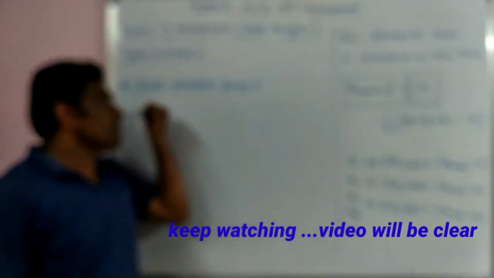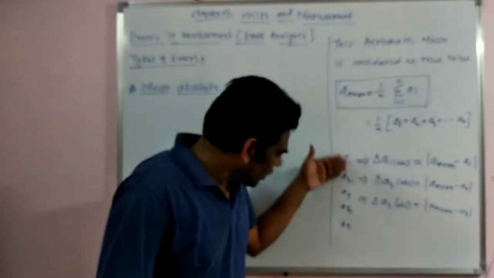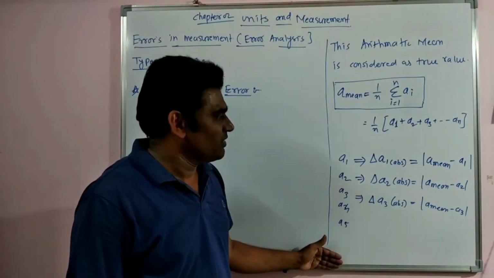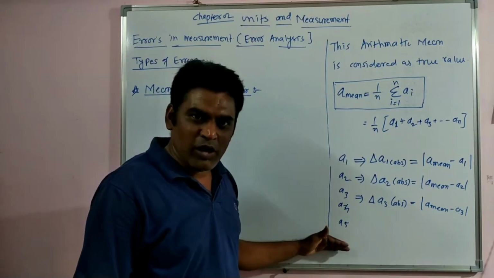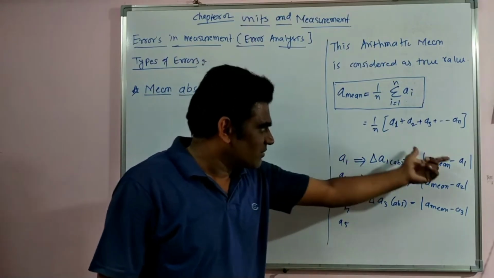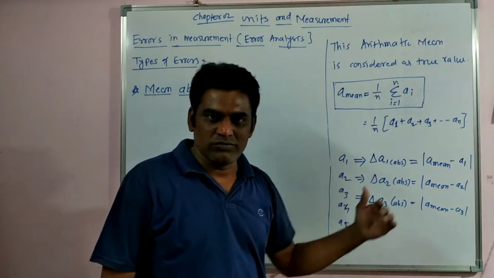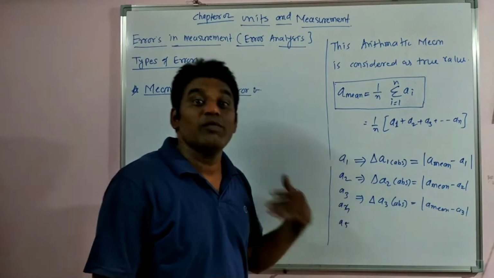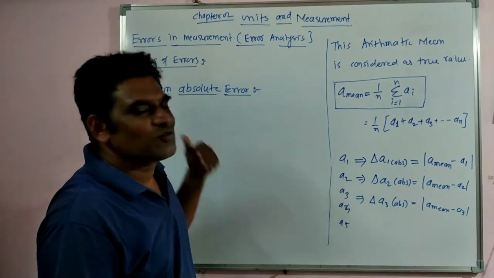What is mean absolute error? We know absolute error; mean means average of that. We have calculated many absolute errors in the readings. So if we have 5 absolute errors, the addition of all these divided by 5, the number of readings, will be the mean absolute error.